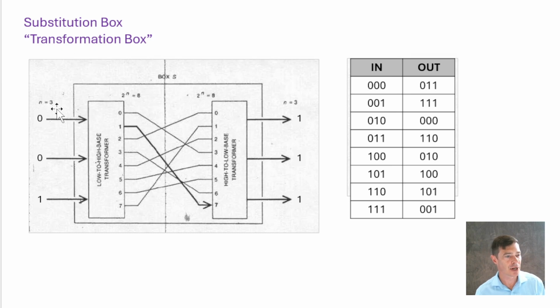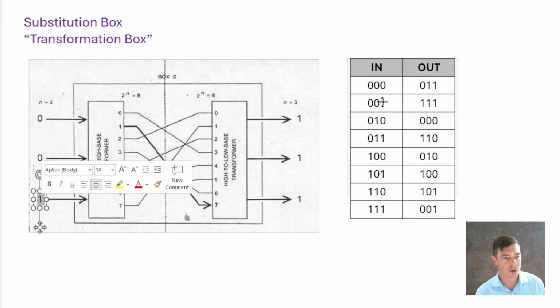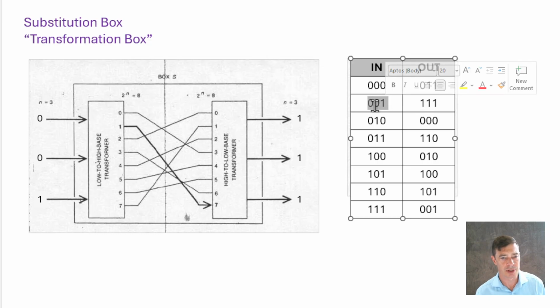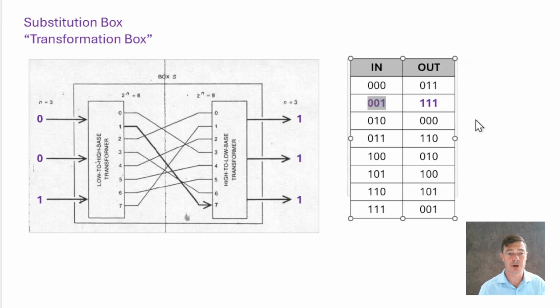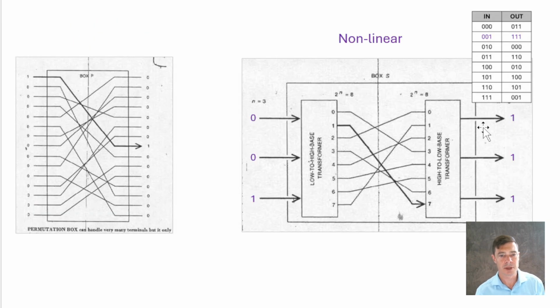So in this example, we have our inputs. This 0 corresponds to this 0. This middle 0 corresponds to this middle 0. And then this bottom 1 corresponds to this 1. So this is our input. And we have a 001 as the input, which will transform into a 111.